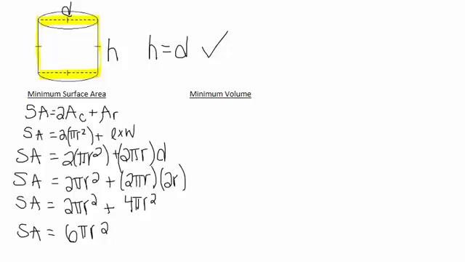To find the maximum volume formula for a cylinder, we will use the same formula we learned before, but we will plug in our restriction that height has to equal the diameter. So if you remember back, the volume formula for a cylinder is equal to the area of the base shape times the height of the cylinder. So the base shape is a circle, therefore the area of the base shape is pi r squared, and the height of this cylinder is equal to the diameter.